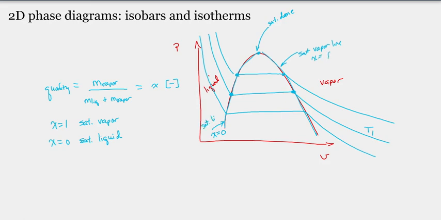Saturated liquid. Okay. So if I were to go to some arbitrary location between these two endpoints and say, that's a quality of 30% or 0.3, then if you have the quality and the pressure, or the quality and the temperature, you fully define the state.